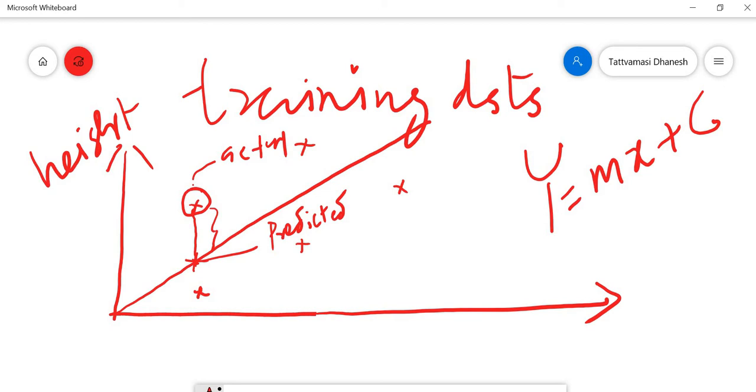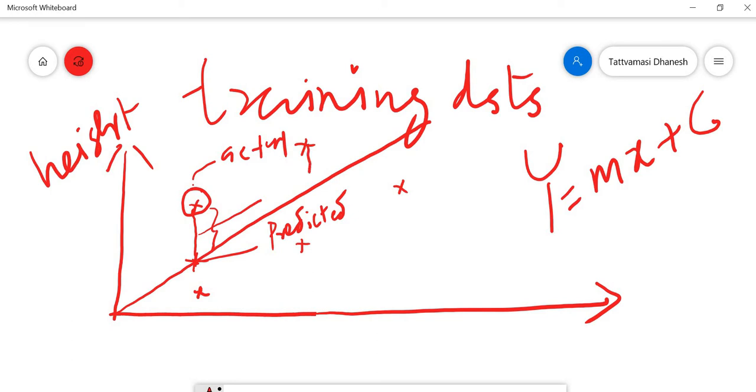So based on the training data set, our model is having this much bias. So it is having a high bias. Towards the training data set, our model is giving an error.